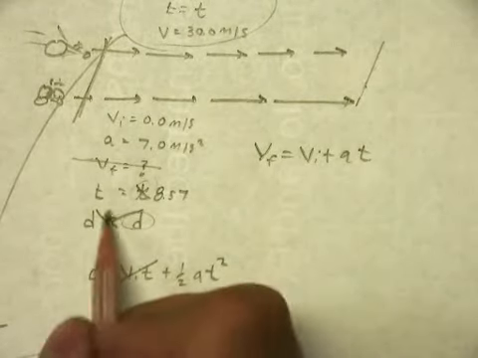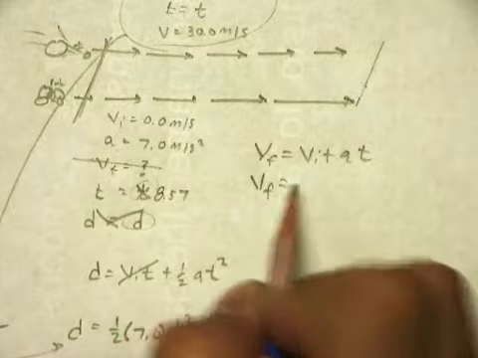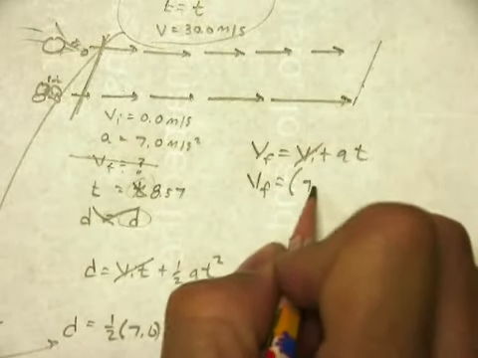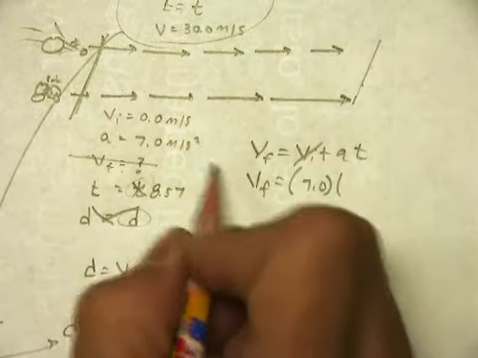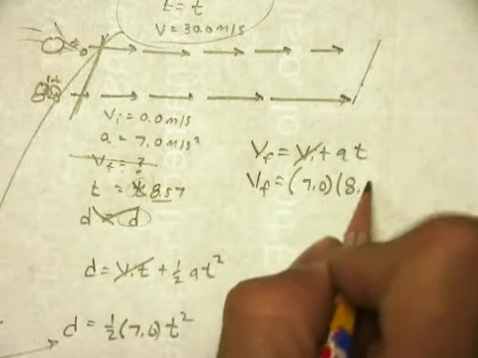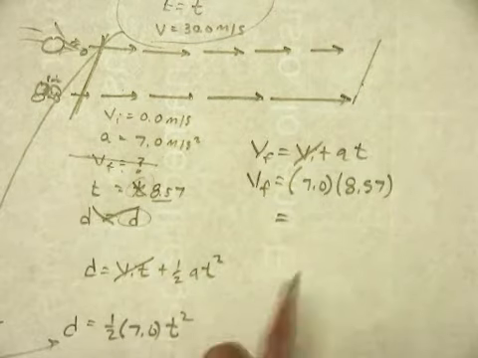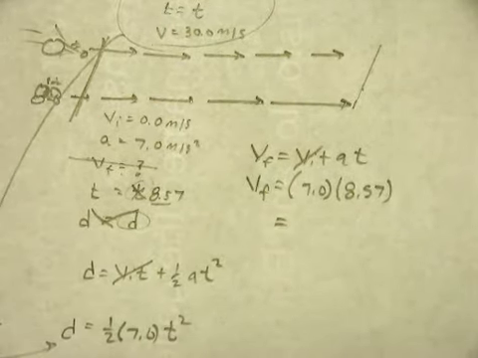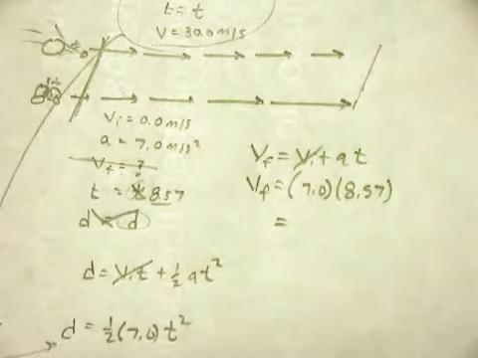That's going to kill this problem because the final velocity, that's what we're looking for. The initial velocity, it's 0. The acceleration is 7. And the time, it took 8.57 seconds. So you take 7 times 8.57, and you get 60. It's like 60, right on the money.